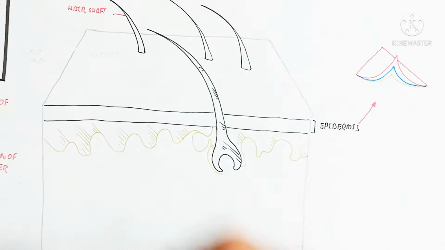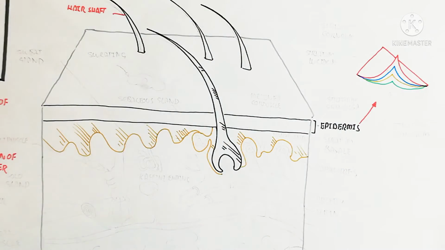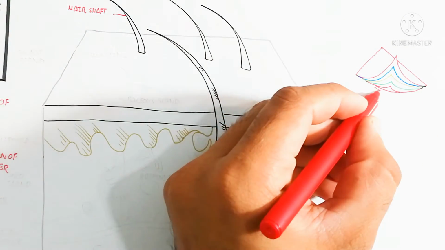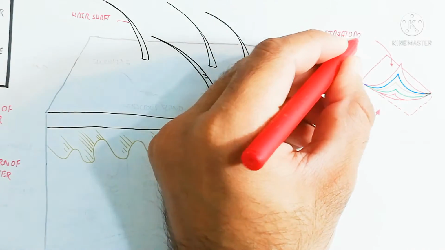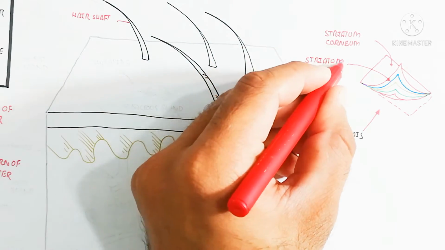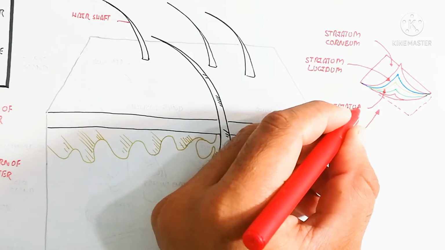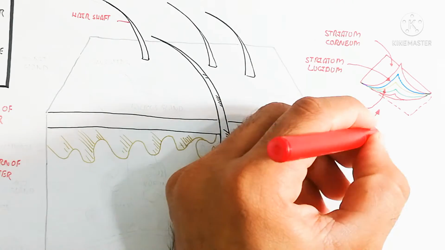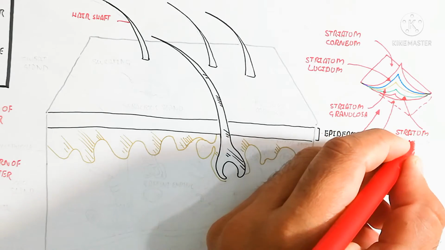And here you can see the epidermis is made up of many layers. For example, the upper layer is known as the stratum corneum, which is dead, and stratum lucidum, which is basically the new skin, and the stratum granulosum inside, and furthermore the stratum spinosum and stratum basale.